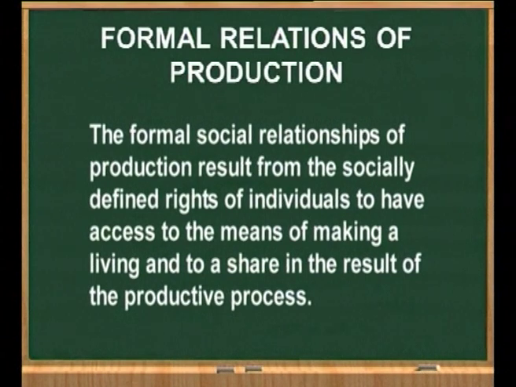Formal relations of production. The formal social relationships of production result from the socially defined rights of individuals to have access to the means of making a living and to a share in the result of the productive process.